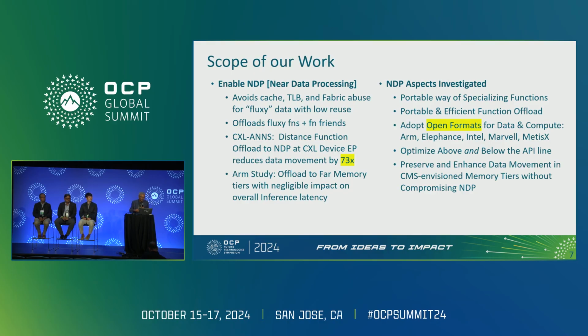We also found that some of the issues that John left open at the end of his presentation, like cross-ISA issues, one possible approach to ameliorating them is to use open formats for data and compute. An example of proprietary formats is Oracle's data format for tables in their own database. An example of open format is Parquet, which is used in data lakes, or Arrow, which is used all over the place these days in machine learning and databases.